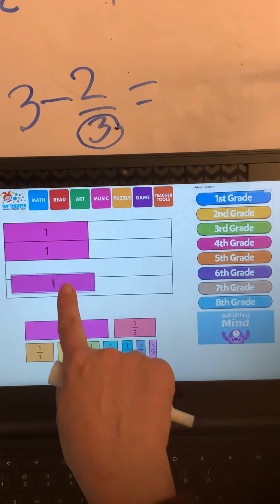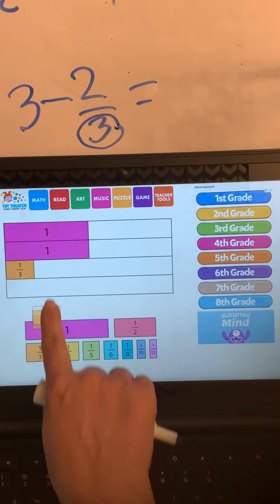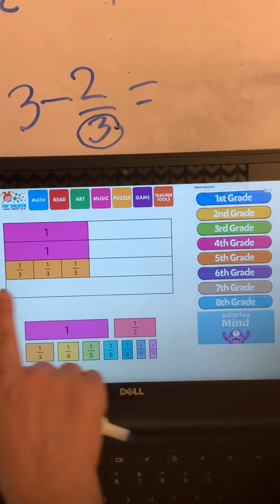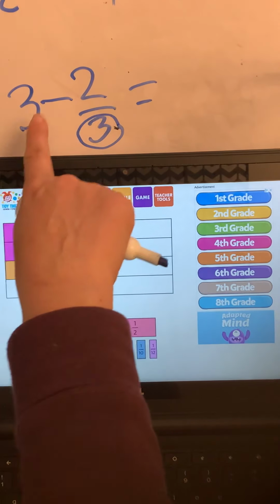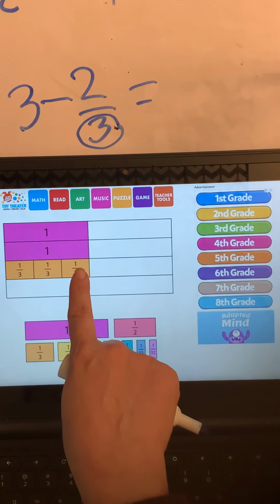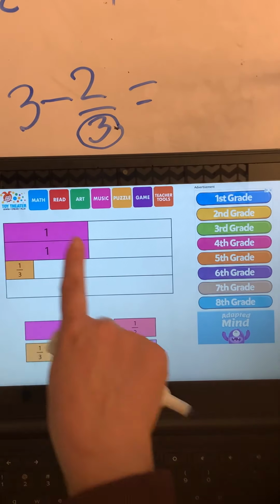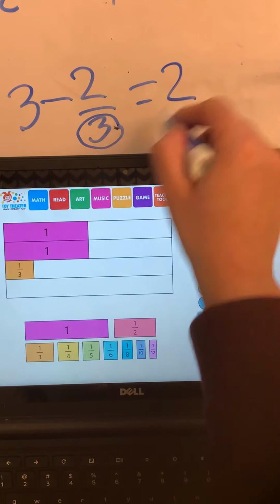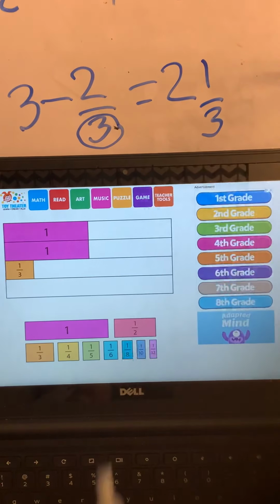So I can take this one and partition it into thirds: 1/3, 2/3, 3/3. That makes a whole. It's equivalent to 1 whole. Now I can take away 2/3. So 3 minus 2/3 will equal, let's see, I'm going to take 1/3, 2/3 away. Now I have 1 whole, 2 wholes, and 1/3. So 2 wholes, 1, 2, and a third. And that's it for that problem.